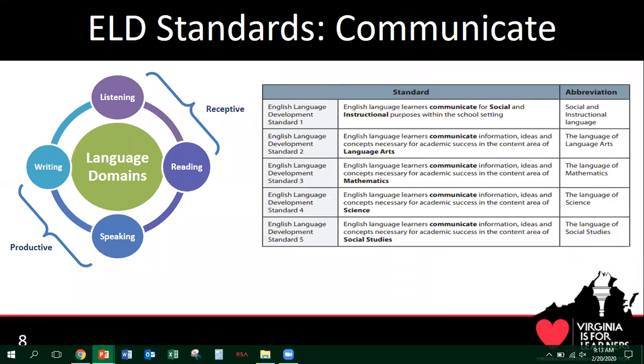right within those as a means of communication, making sure that we build in the 4 domains, which you see in the graphic on the left.